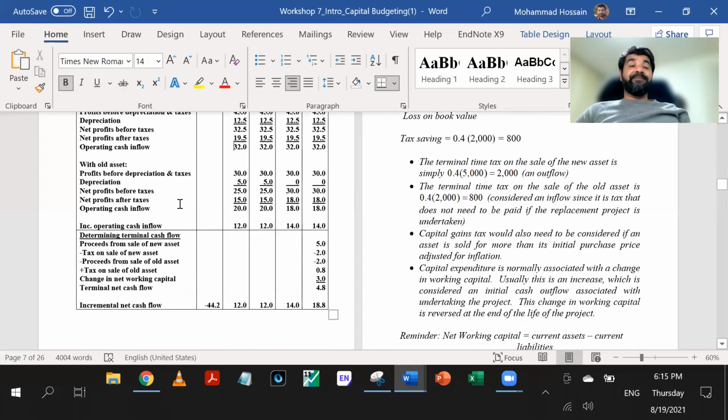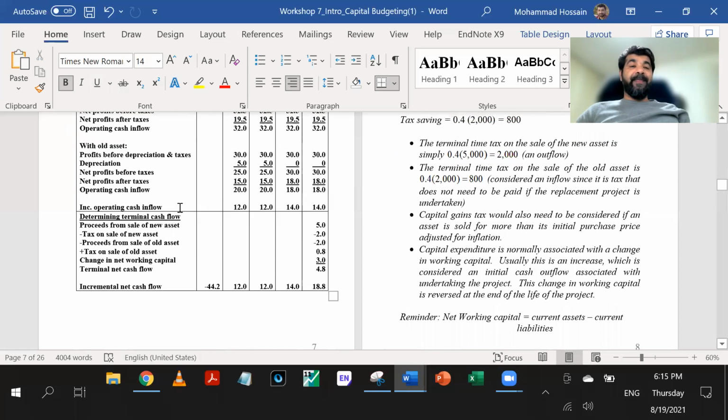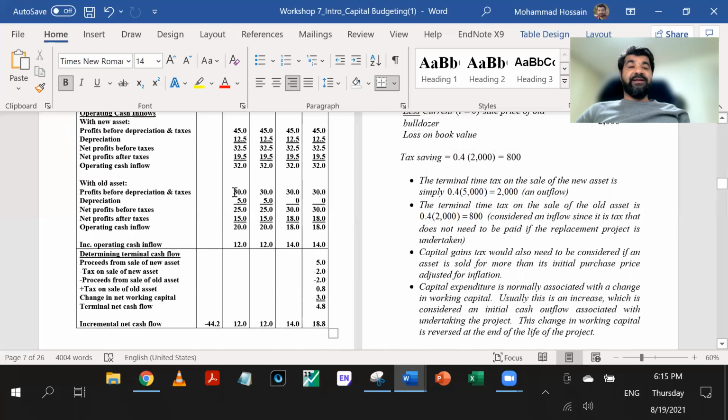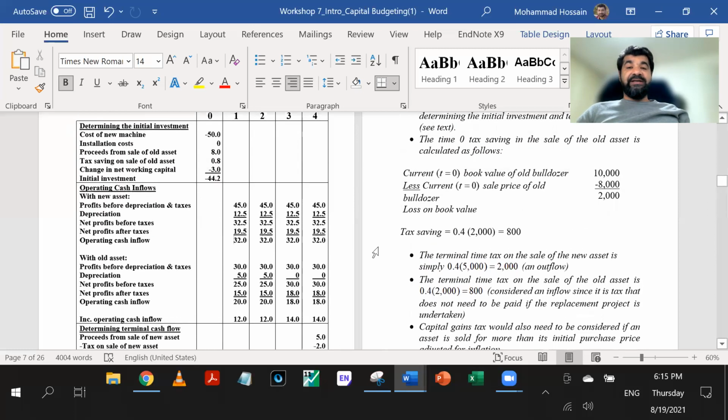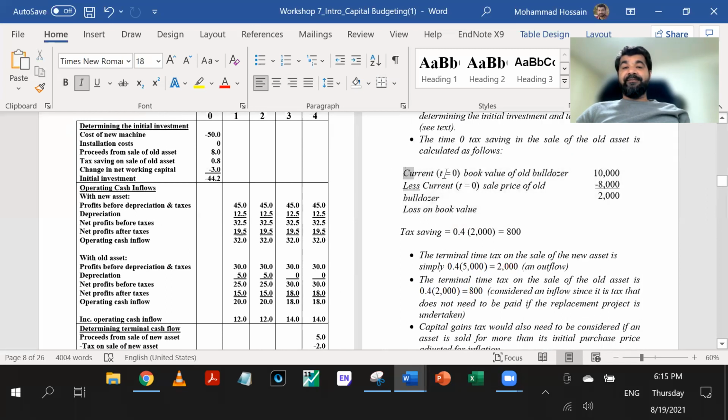With the old machine, if you do not sell it, look here. Profit before depreciation and taxes is 30,000. Depreciation: the book value of the old bulldozer is $10,000, as given there, and it will be depreciated in 2 years' time.